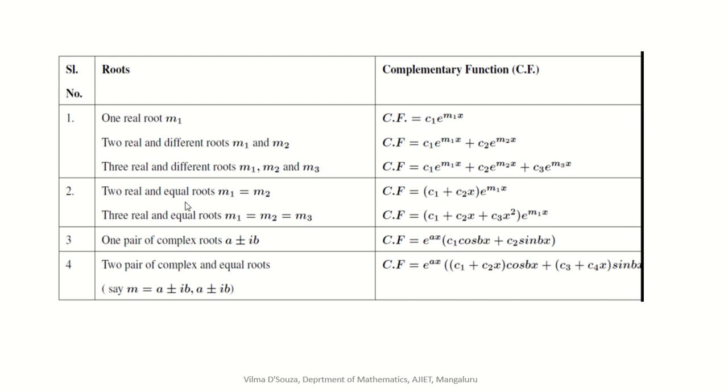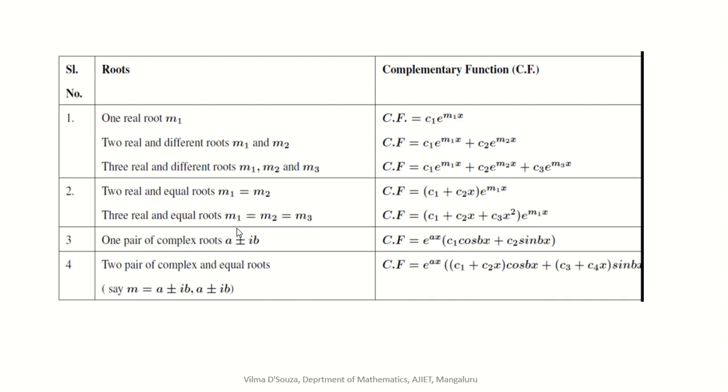Suppose if you have two real and equal roots, you have two roots m1 and m2, but they are the same. If you have two real and different roots, you write like this. If m1 and m2 are the same numbers, then you club these two and write like this: c1 plus c2x into e power m1 x.